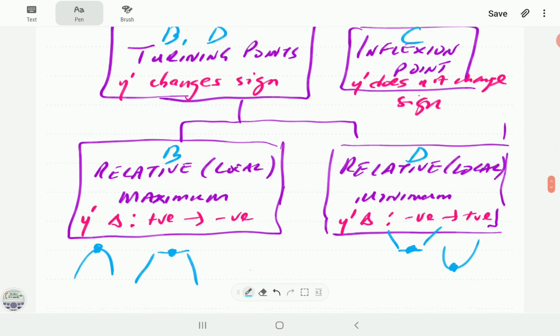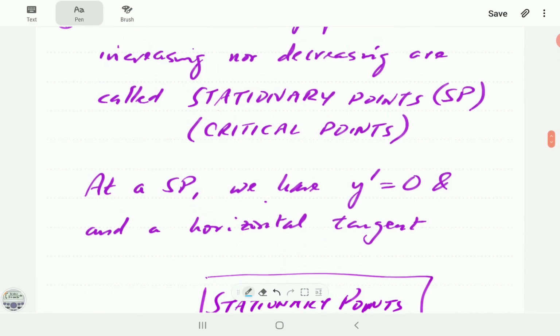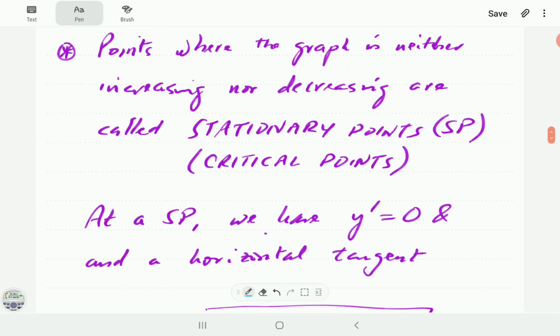Those are the ideas that we can use to sketch graphs using the first order derivative. So notice that here critical points refers to points where y prime is 0, but also to points where y prime does not exist.